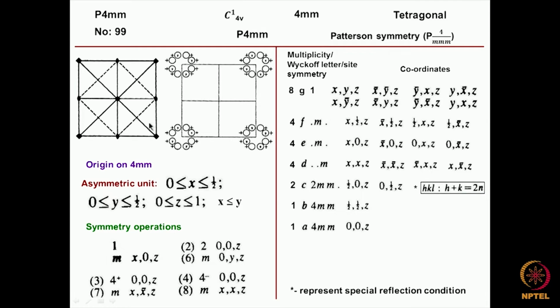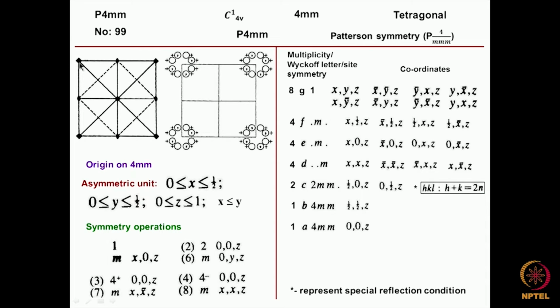And if we try to put atoms in positions, now we consider an atom or a motif as a general position. We can put it at any of these special positions also. If you try to put at special positions, how many atoms will be required or how many positions the motif should be kept, that is the information being given here.